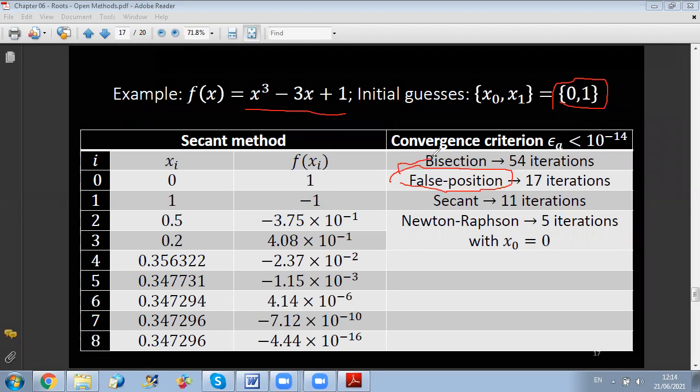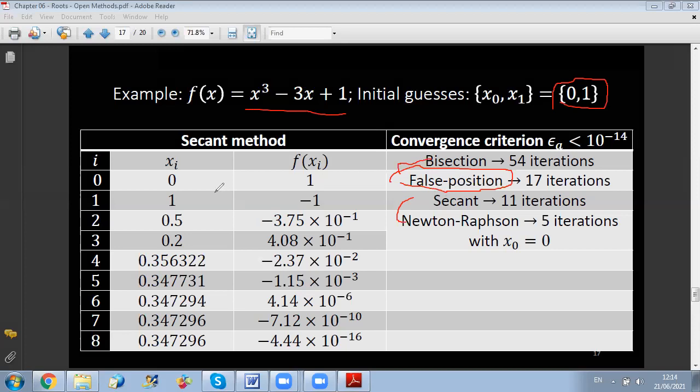And for the open methods, the secant and Newton-Raphson, in general, when the behavior of the function does not involve changes in slope or inflection points, they will also perform much better than bracketing techniques, especially if you start with an appropriate initial guess.